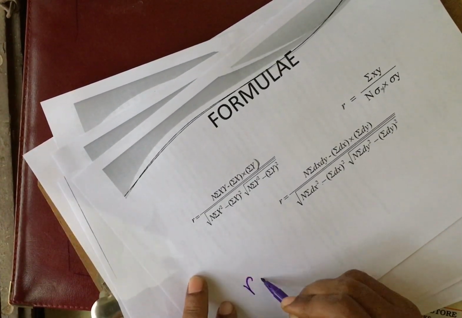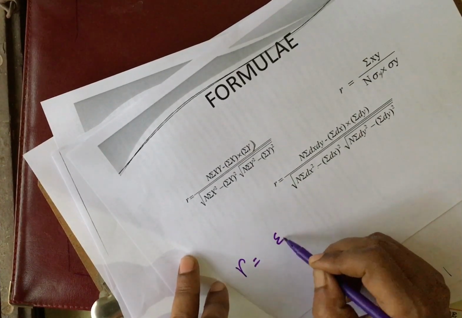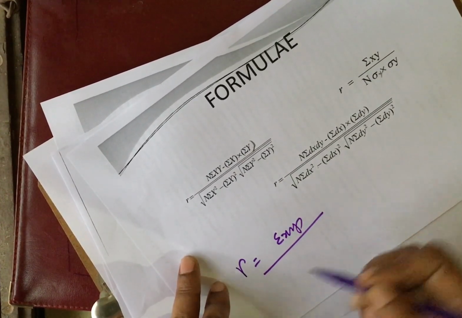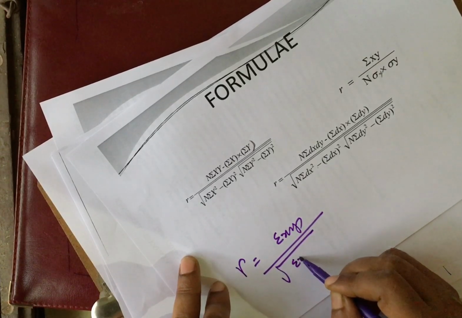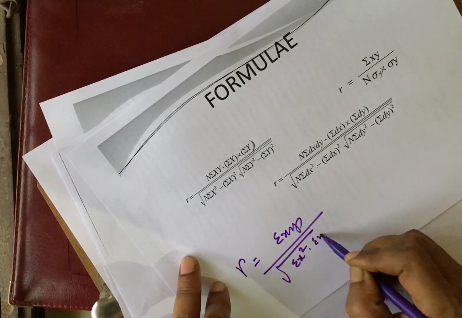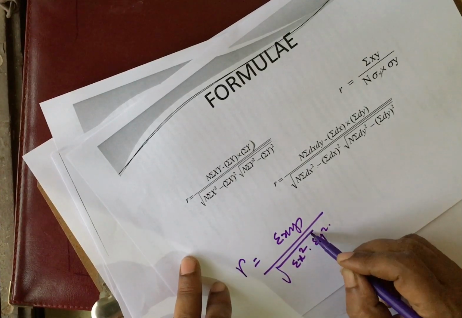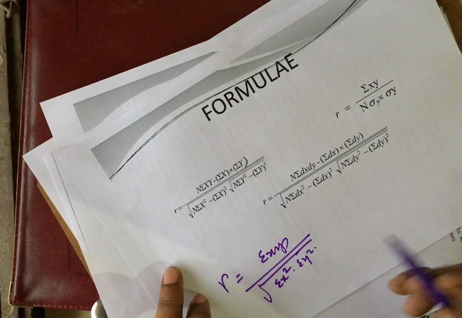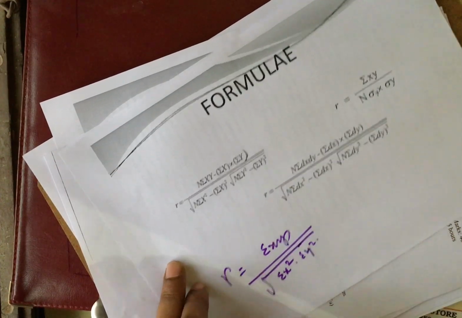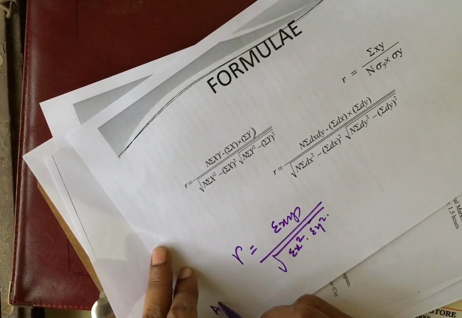Here r is equal to sigma xy by root of sigma x square into sigma y square. So this is the same thing, the actual mean method.